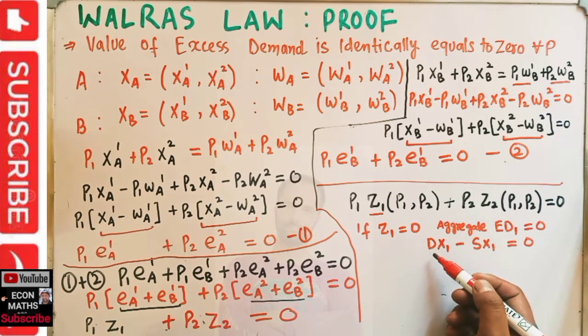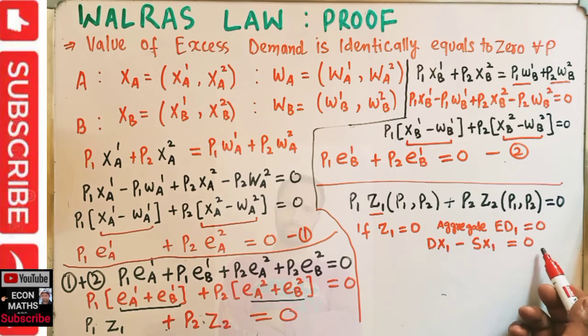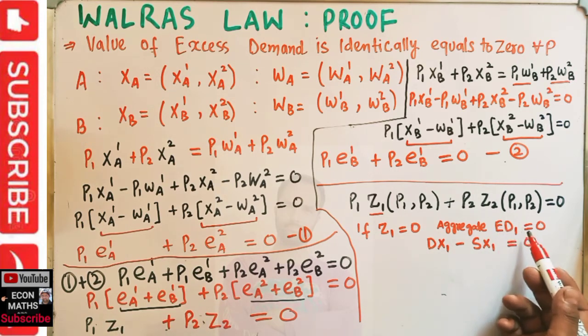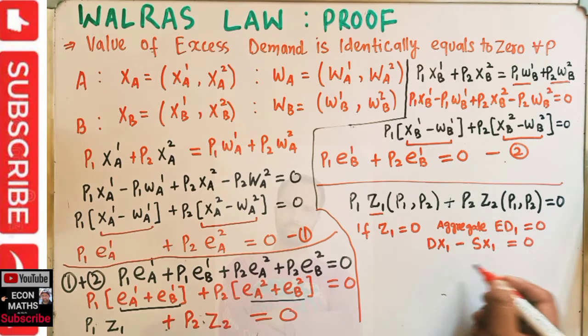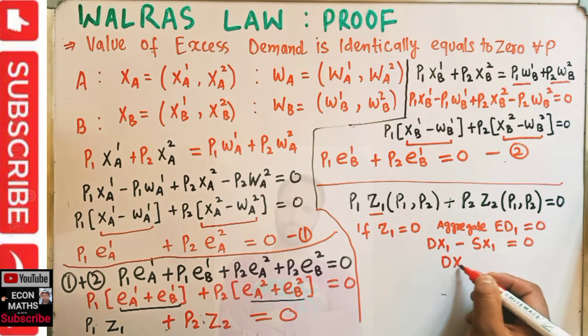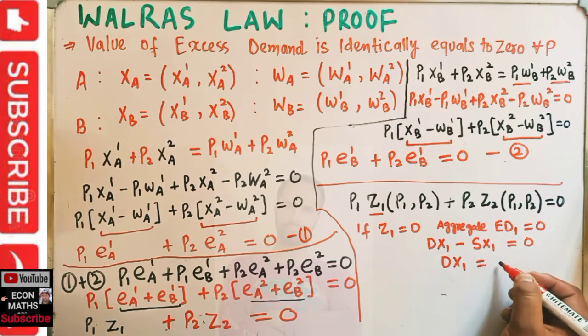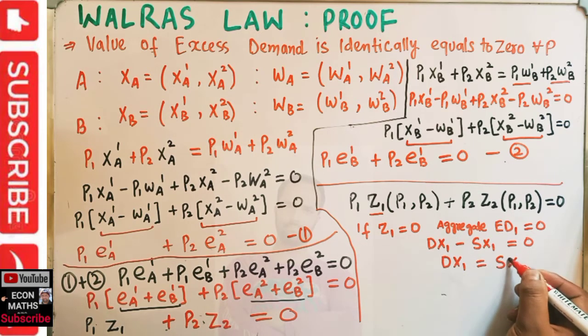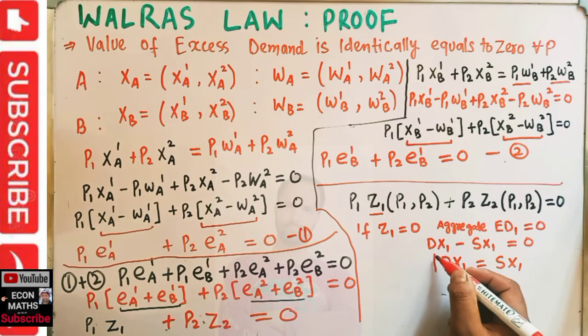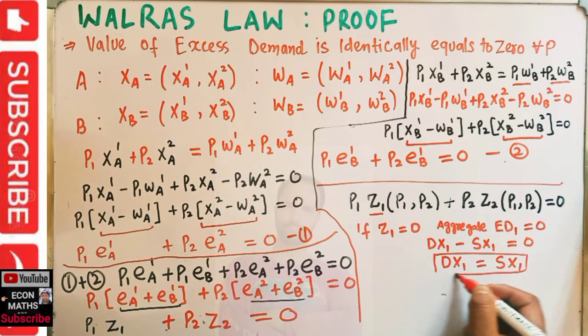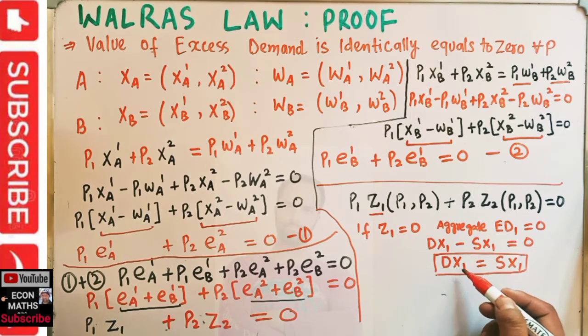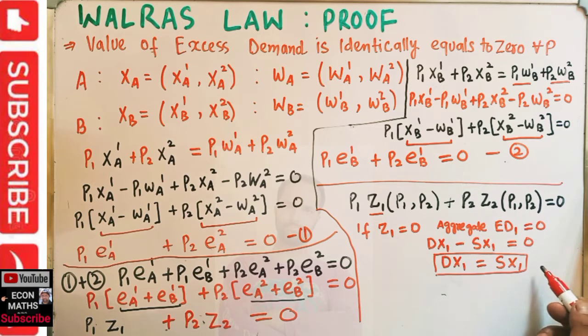When demand of good 1 minus supply of good 1 is equal to 0, we say aggregate excess demand is equal to 0, which gives us simply demand for good 1 is equal to, transposing it here, supply of good 1. That means the market for good 1 is at equilibrium.